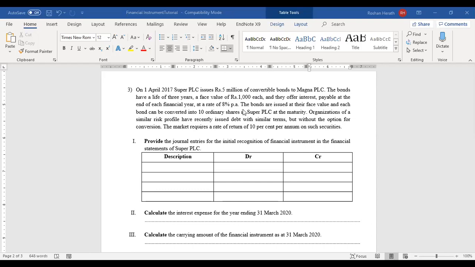But in our case, we are offering a particular product with more benefits, with more frills. Since we are offering a conversion option, there must be a compensation, so we better offer a lower interest rate.